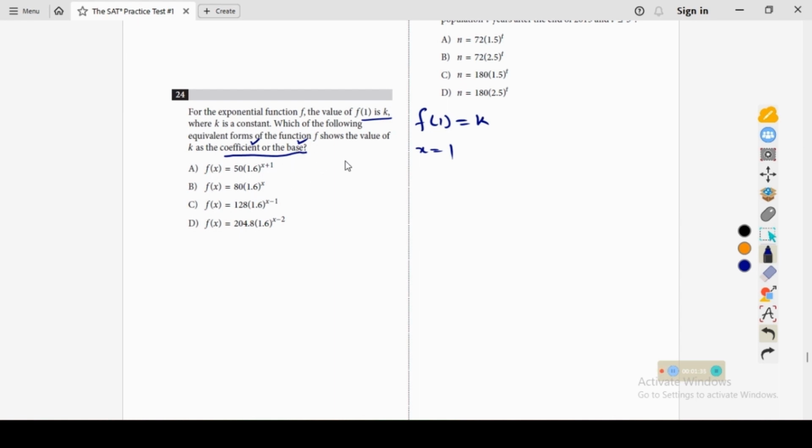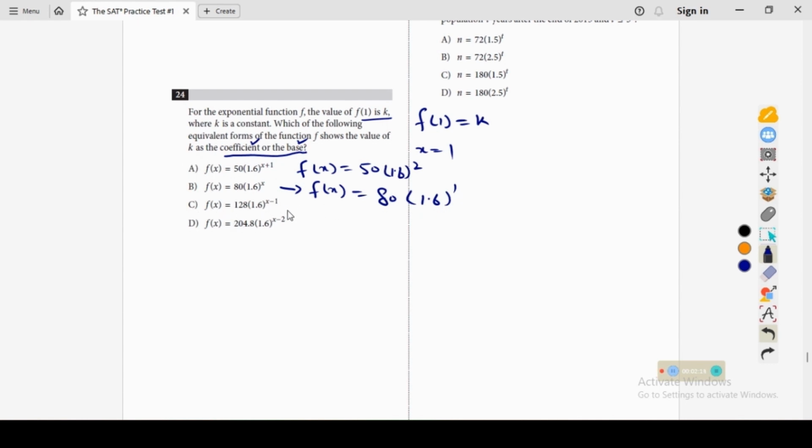Just substitute the value of x equals 1 in all of these equations. The first equation becomes f of x equals 50 times 1.64 raised to the power 2, so it is not representing the base or a coefficient. From the second equation, we can write it as f of x equals 80 times 1.64 raised to the power 1, so it is also not representing the value of k.